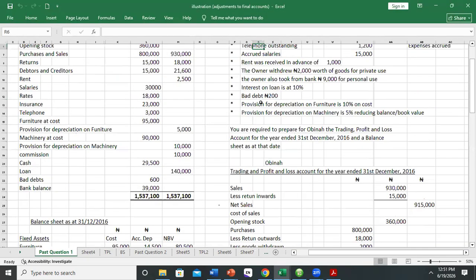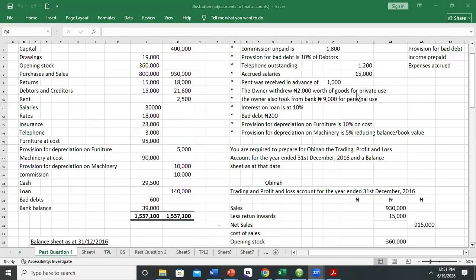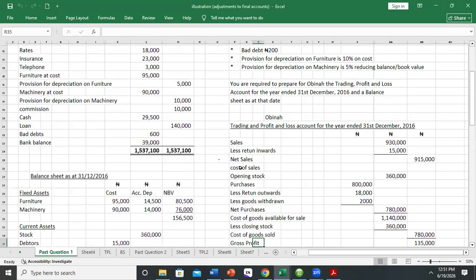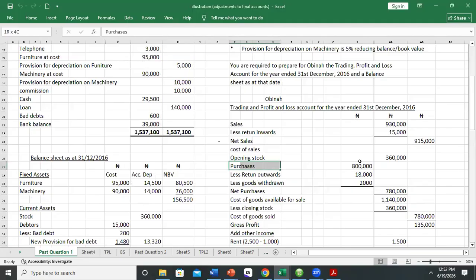So in the question, we're told that the owner withdrew 2,000 worth of goods for private use. So what do we say about it? We say that you subtract it from purchases, right? So look at it here in the trading account. This is your purchases. They had returns outward, so they are less in it. And then less goods withdrawn. So before you get your net purchases, you deduct any goods withdrawn by them.